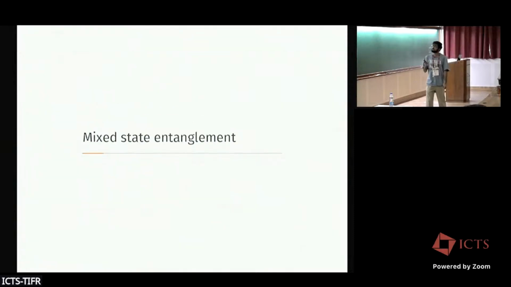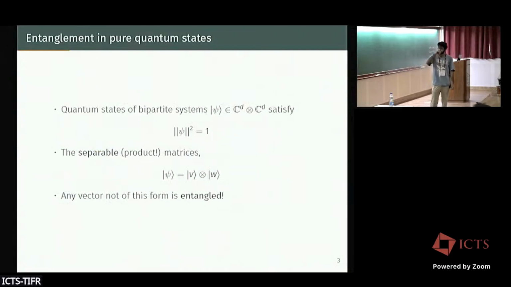So, mixed state entanglement. Everyone here knows about pure state entanglement. Quantum states are described by kets with norm 1, the separable ones are kets in product form, and any vector not of this form is entangled.